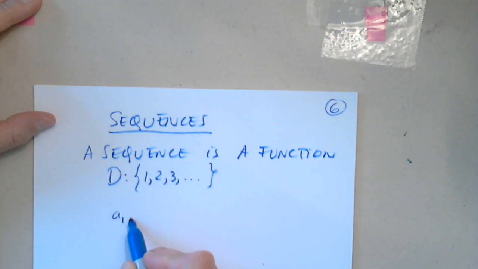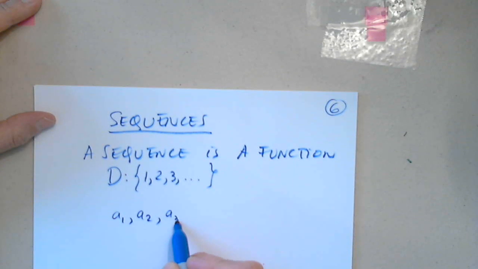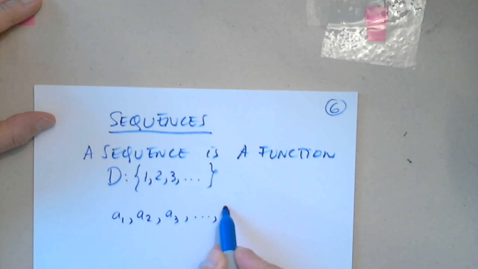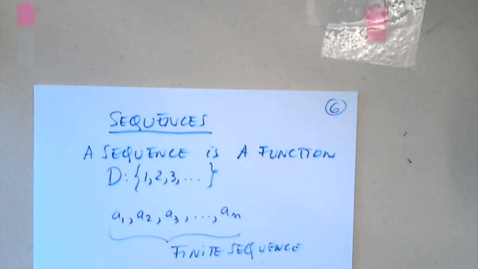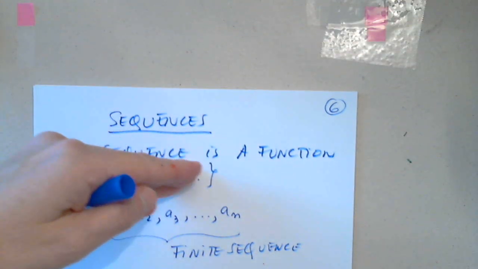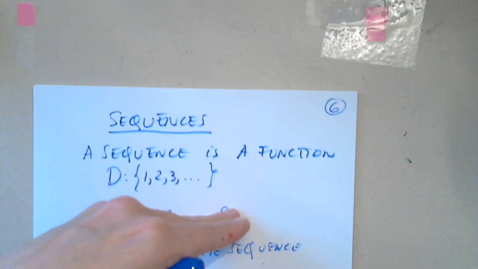So a1, a2, a3, ... an, a sub n. This is called a finite sequence. And you can say, okay, wait a minute, what is the connection between what you wrote here and this?